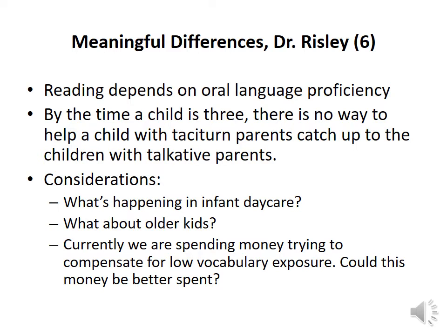By the time a child is 3, there is no way to help a child with taciturn parents catch up in the number of words heard and therefore the number of words learned, or at least known in that receptive vocabulary. There's no way they can catch up to the children with talkative parents.